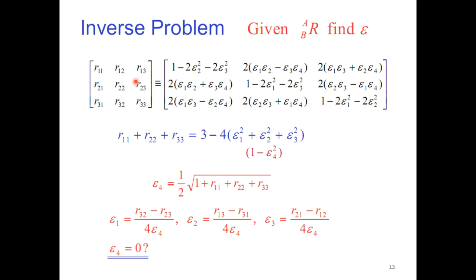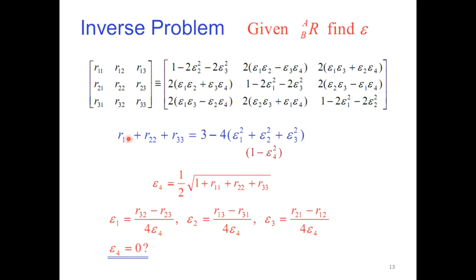Now, our problem is, given the rotation matrix, how can we calculate the epsilons? Again, you can look at the nature of the elements here on the right-hand side, and then try to figure out some relationships.